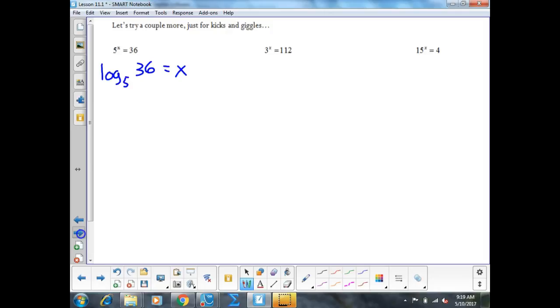And it should be smaller than 3 because log base 5 of 125 is 3. And 36 is between 25 and 125. Should it be closer to 3 or closer to 2? It should be closer to 2 because 36 is closer to 25 than it is to 125. Figure out what log base 5 of 36 actually is.